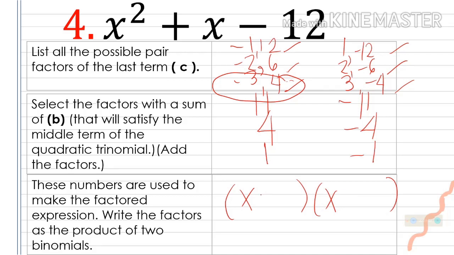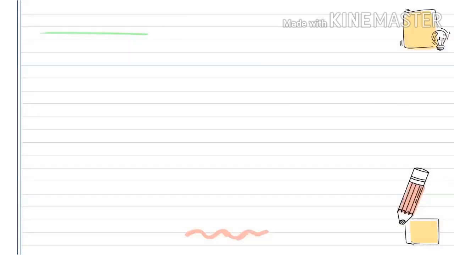And then we have negative 3 and positive 4. So it is the reverse of the third example. Earlier, we have x plus 3 times x minus 4 because the middle term is negative. This time, we have x minus 3 times x plus 4 because the middle term is positive. Okay? Is there any question?